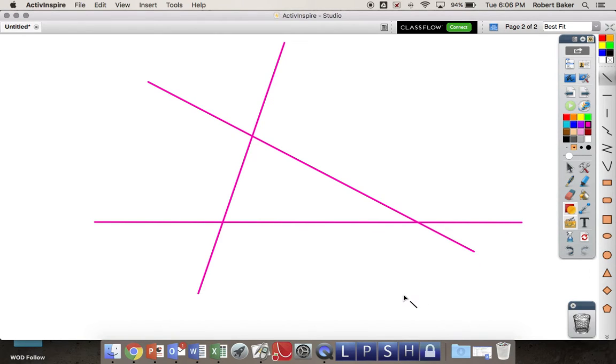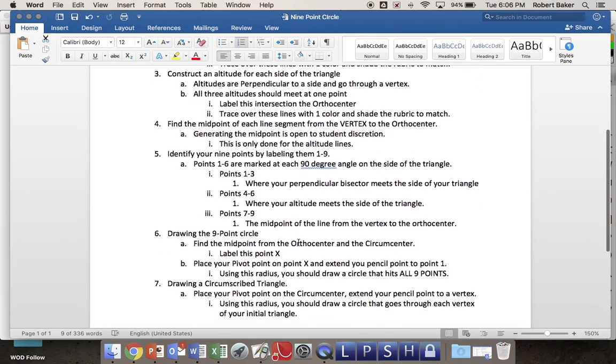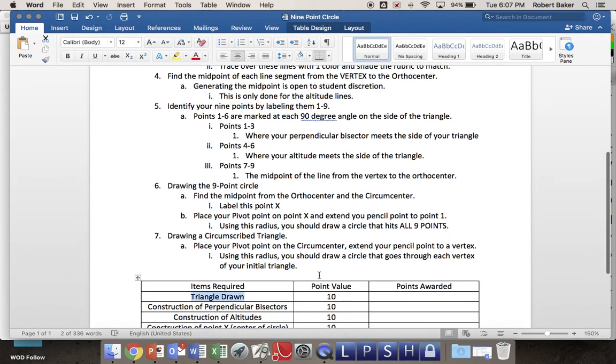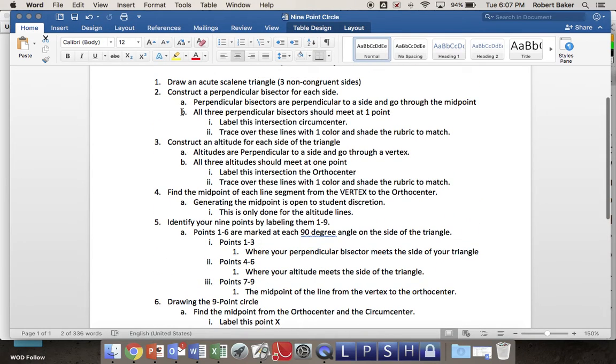So it looks like I have an acute scalene triangle. If I look at my project and the rubric, triangle drawn, that's 10 points received. So I'm going to scroll to the second set of directions.